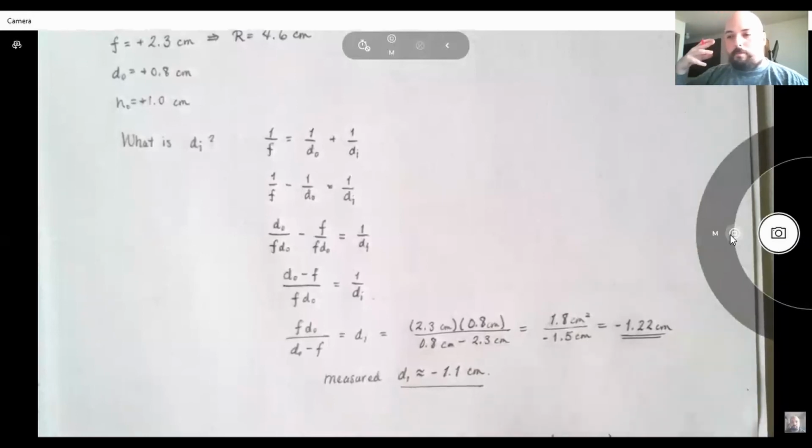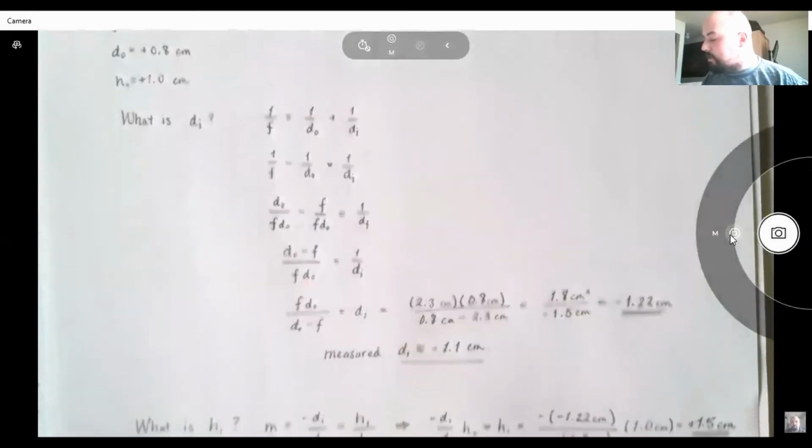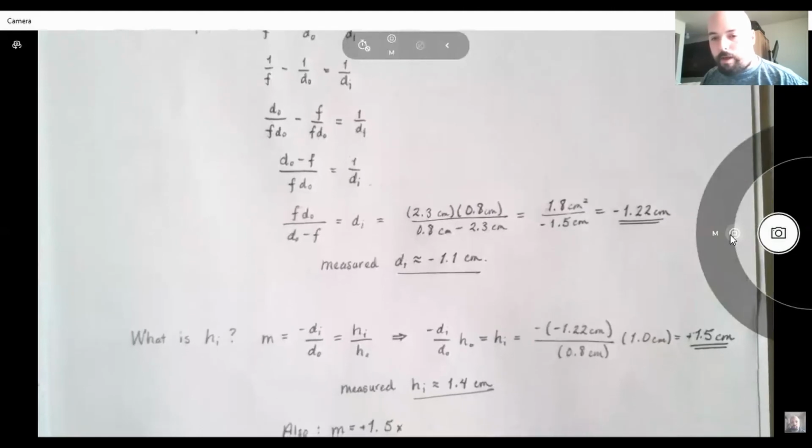So geometric optics works because not only does the algebra give us a value, but the geometry gives a very similar, if not the same, value. It's a very powerful tool if you use a straight edge and compass in that method.